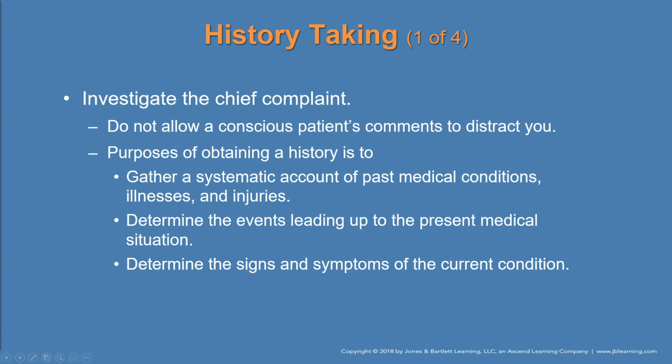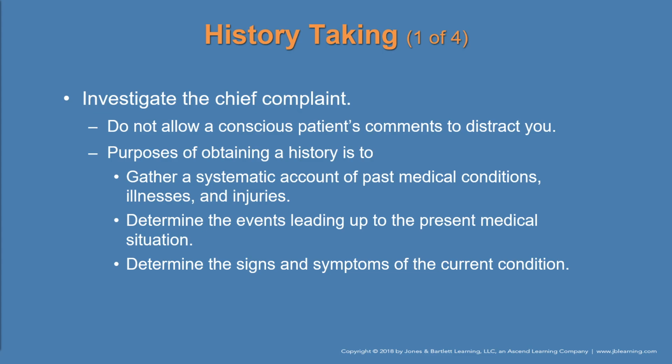So why do we want to gather medical history? Why is that important? There are 3 reasons. First, I'm going to give you a systematic method of collecting this information, something called a SAMPLE history, and we'll get into what that means in just a little bit. We want to use this systematic method of gathering the patient's past medical conditions, illnesses, injuries, and things like that.